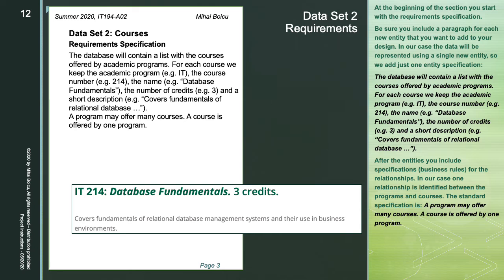After the entities, you include specifications, business rules for the relationships. In our case, one relationship is identified between the programs and courses. The standard specification is a program offers many courses, a course is offered by one program.